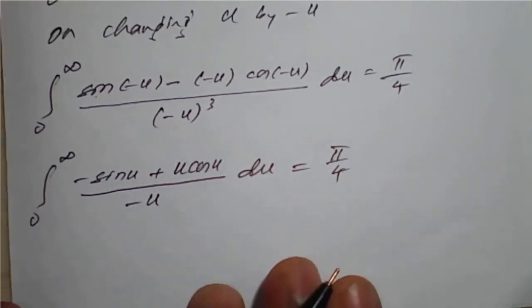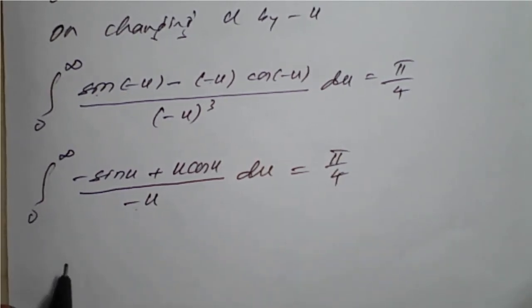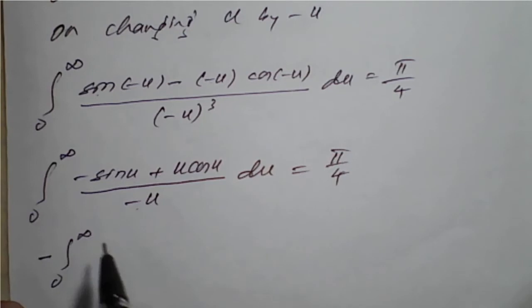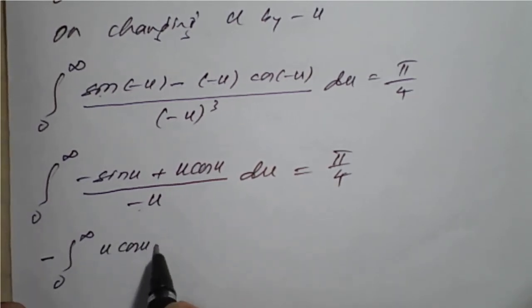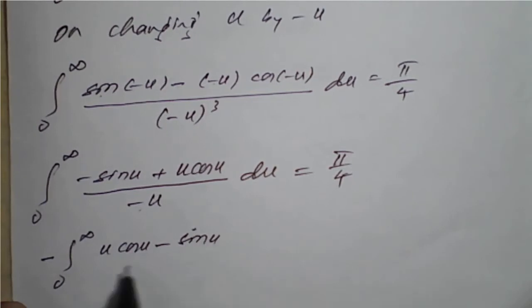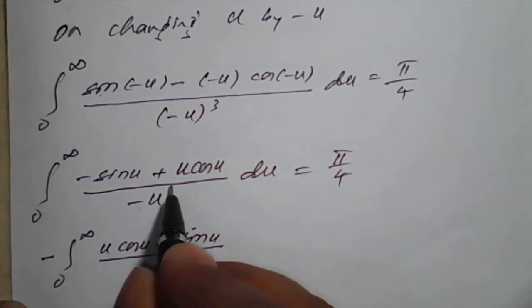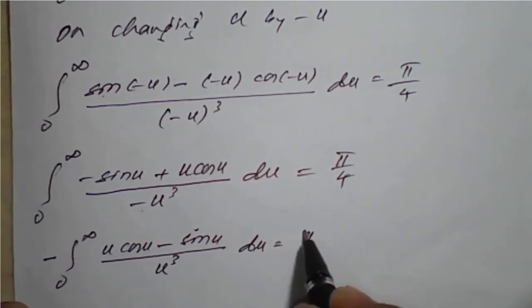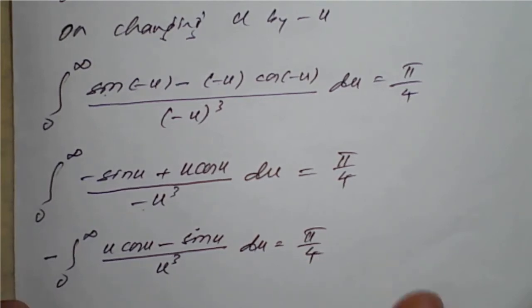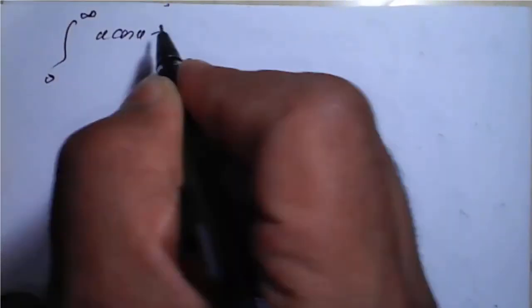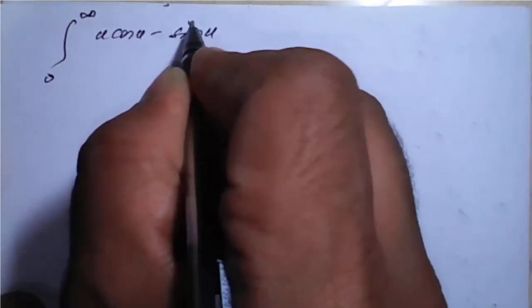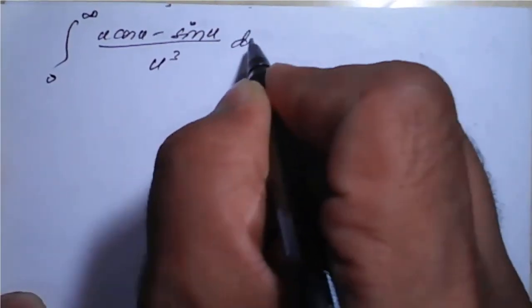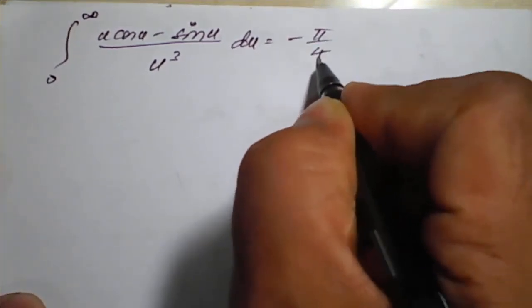On rearrangement this minus sign will shift to the right hand side, or I will take minus integration 0 to infinity of (u cos u minus sin u) divided by u cube into du is equal to pi by 4. So minus sign you shift to the right hand side, you will get integration 0 to infinity of (u cos u minus sin u) divided by u cube into du is equal to minus pi by 4.